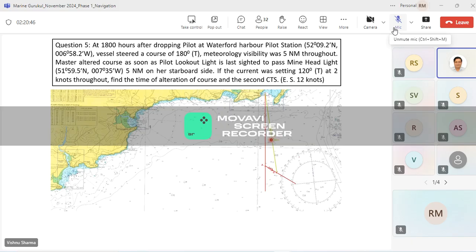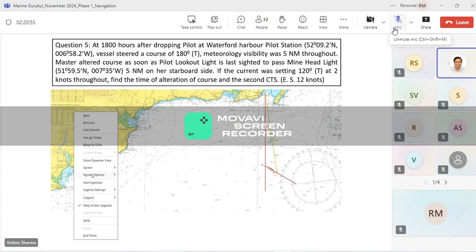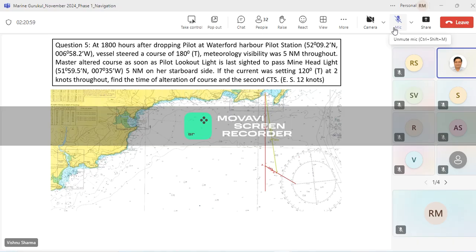You get point C. C is the alteration point. Is that clear? Am I right? Yes, sir. So if he wants the alteration position, you'll pick up the latitude and longitude of C. And if the position is required, you'll transfer the lat long on the answer sheet.